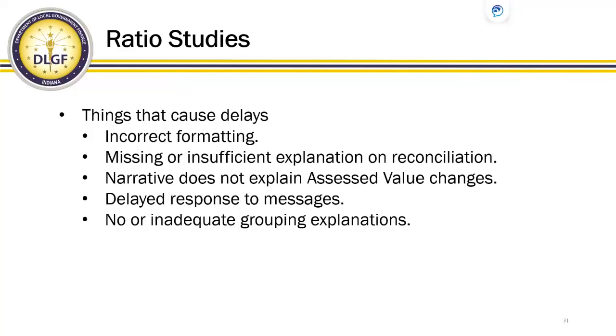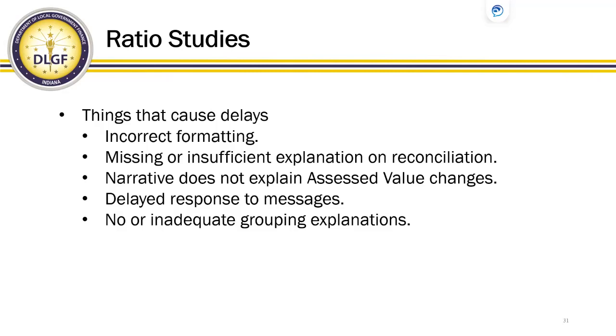And the first one, and I think probably the most common one, is just incorrect formatting. So please, if you have any questions about formatting, please reach out to us. But formatting seems to be one of the leading causes of delays in getting your ratio study approved.